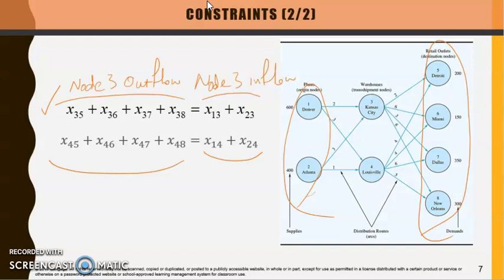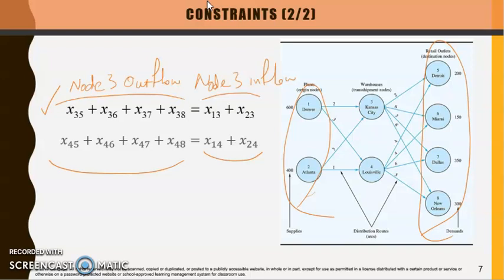After that, we came here for Kansas City and Louisville, and the only point we need to cover about them is the equality of inflow and outflow, formalized like this: x45, x46, x47 plus x48, all the outflow, the summation of the units shipped out of Louisville.